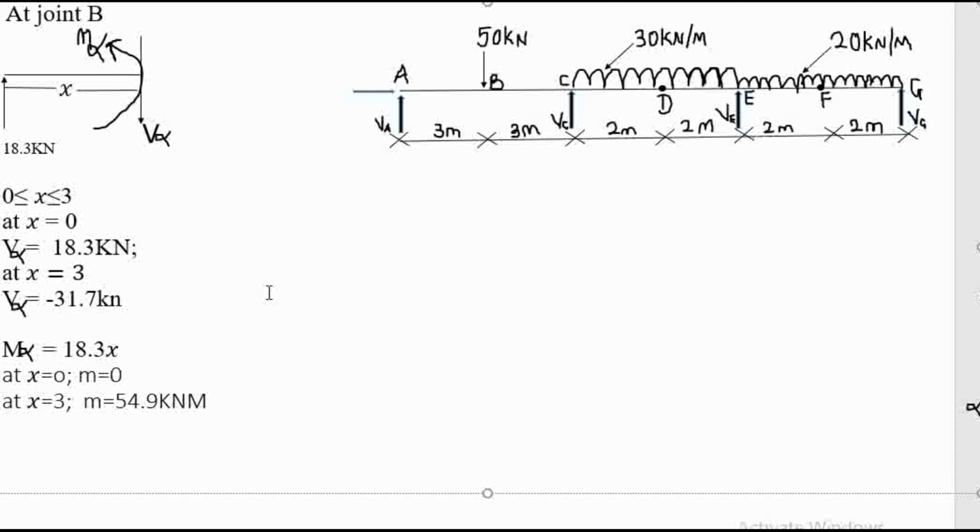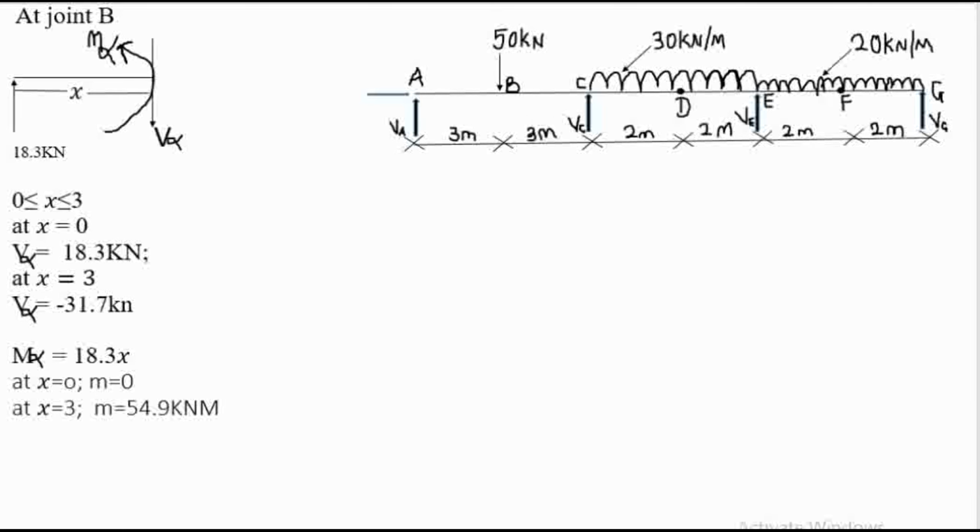For the shear force expression, when we solved at the first joint, we got that V alpha is equal to 18.3 kilonewton at X equal to 0. So let's draw that for the shear force. This is point A, which is at the point where X is equal to 0. And we have 18.3, which is positive.